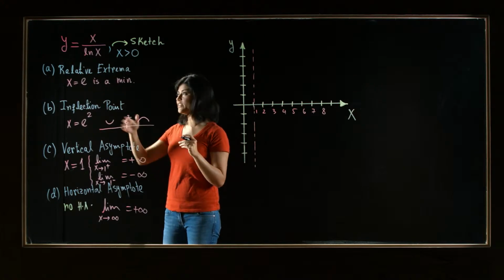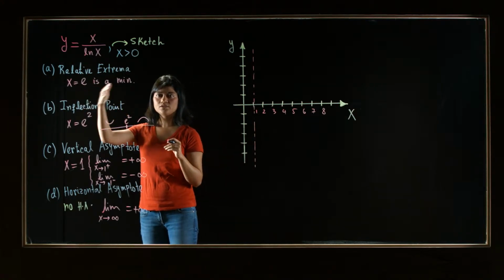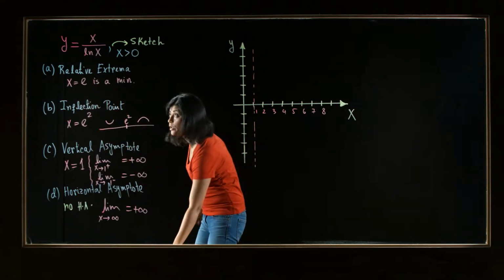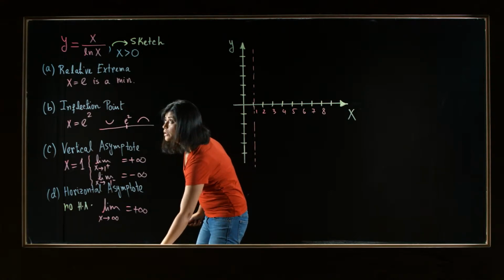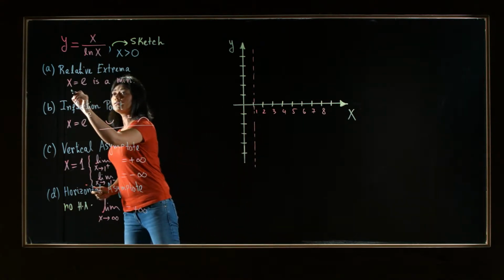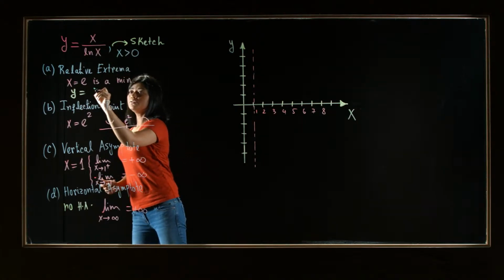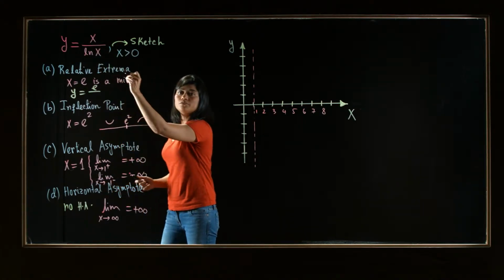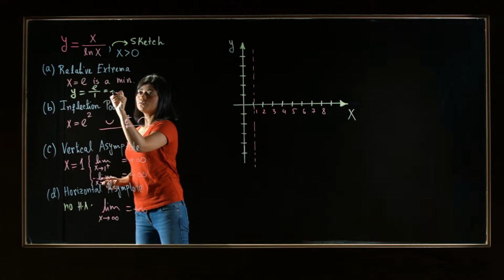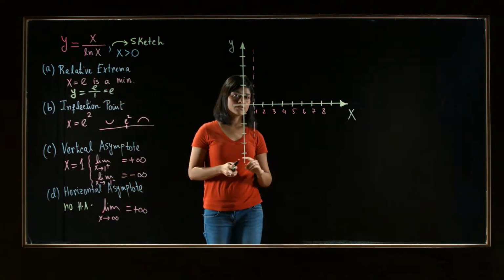It's better to find the y value as well, so we know what the exact point will be on the graph. So what is y equals? Just plug in x equals e in the function, you get e over natural log of e, which is just 1. So y is e as well.